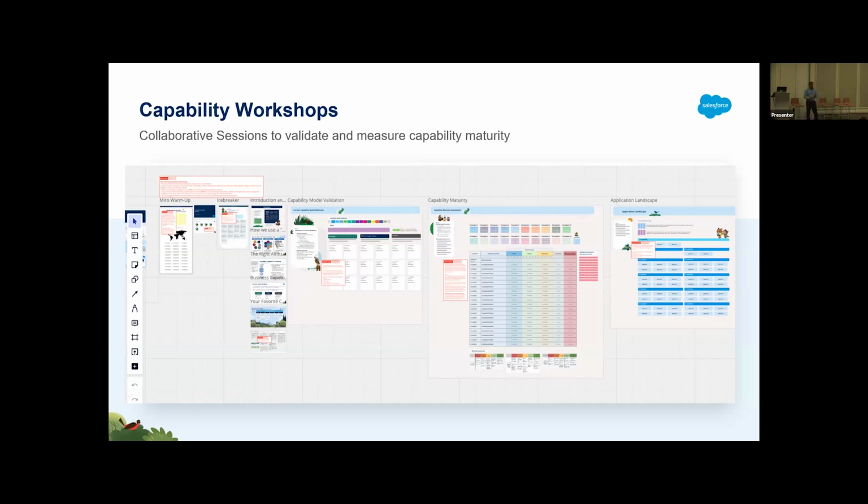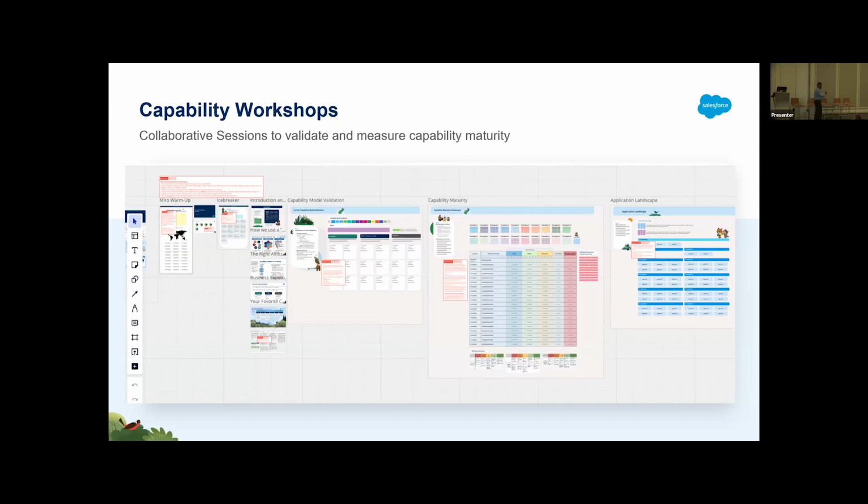So we set micro objectives for this exercise. What are we trying to get? First, validate whether we have the right capabilities. Second, whether the descriptions are right. What are the outcomes related to these capabilities? Do we have the outcomes associated with them?